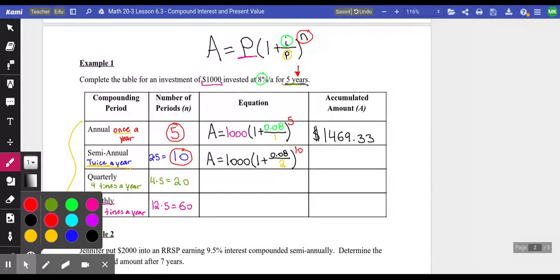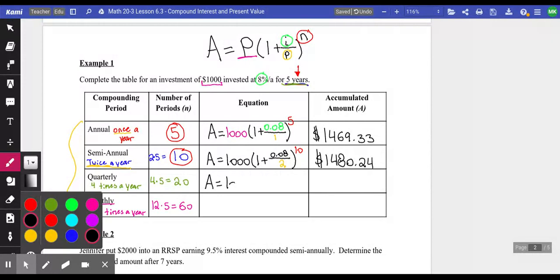If we put this in our calculator, again, we want to go 1 plus 0.08 divided by 2 to get 1.04. Do that to the power of 10, times that by 1,000, and you get an answer of $1,480.24. So you calculate in the brackets first, then the exponent, then multiply by 1,000.